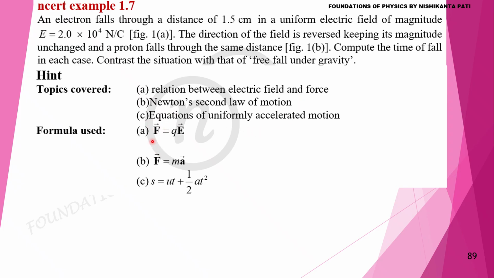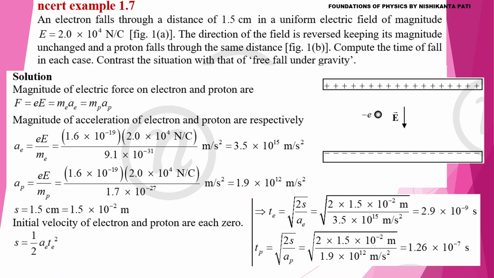Force is test charge into electric field. Force is mass into acceleration. Here the acceleration is uniform, so we can apply s is equal to ut plus half at square. In this case, the electric field is downward. For the electron, the force is upward, so the electron will go in this direction.